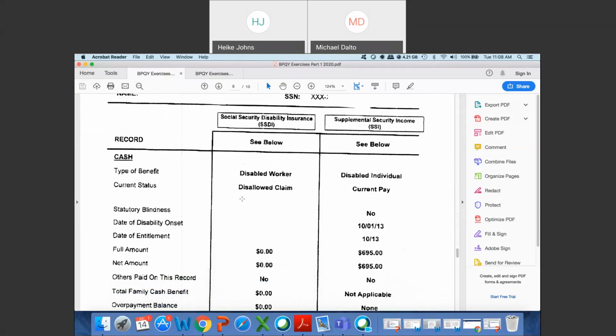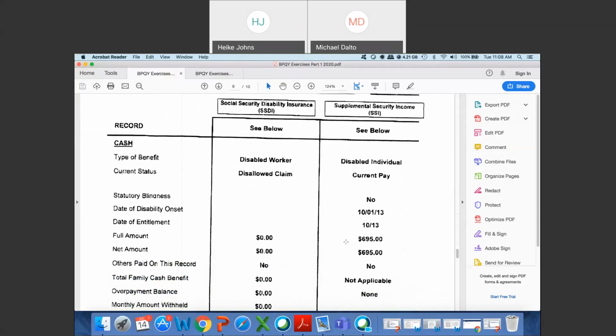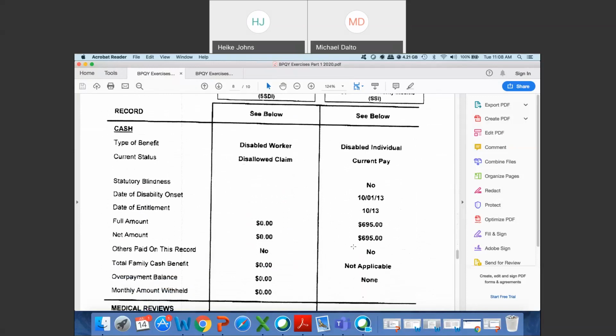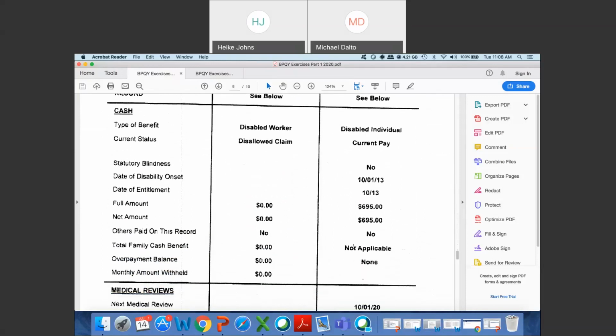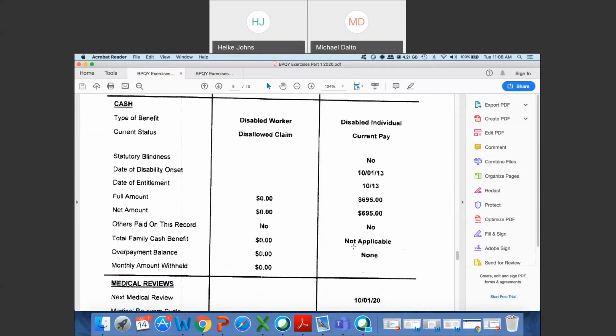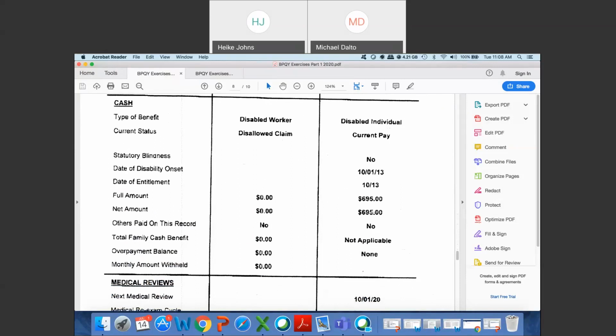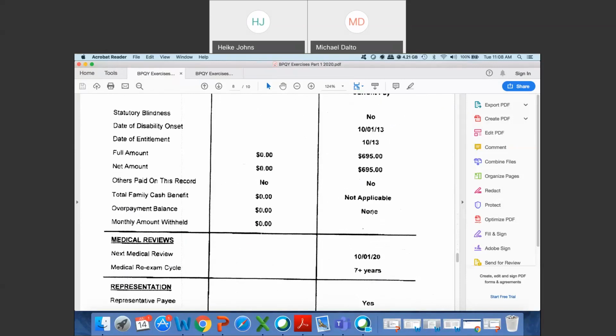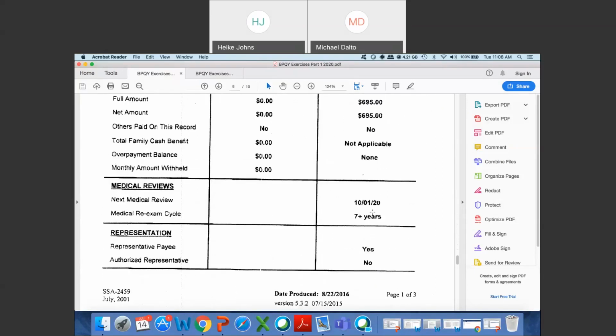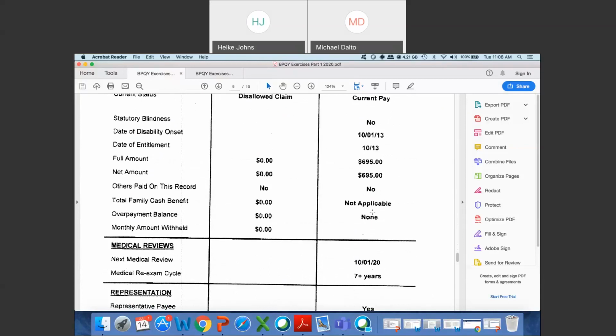In this one, we see the person's in current pay status. They've been eligible since October 2013. Their benefit amount is $695. In the year this BPQY was produced, again, 2016, the SSI federal benefit rate was $733 a month.